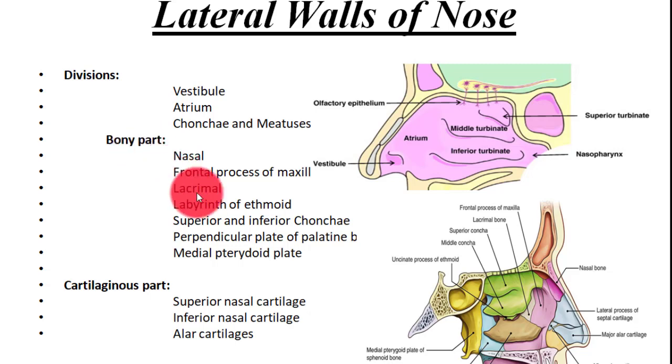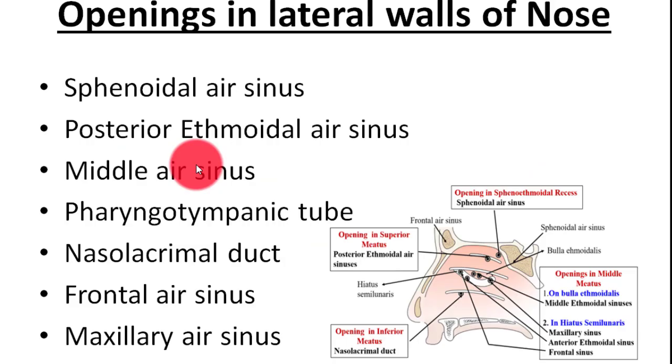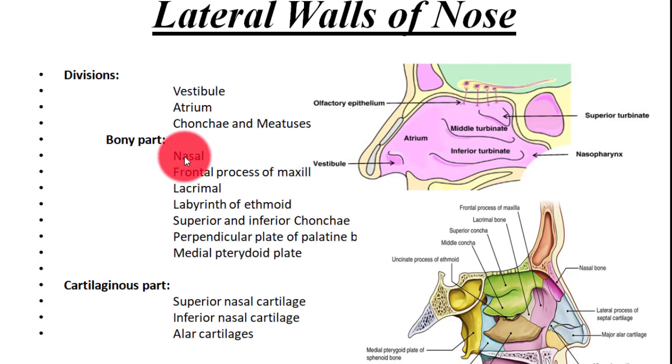The bony part of the lateral wall of the nose is formed by what? It is formed by the nasal bones and the frontal process of the maxilla. Look here, these are the nasal bones, and the frontal process of the maxilla here.